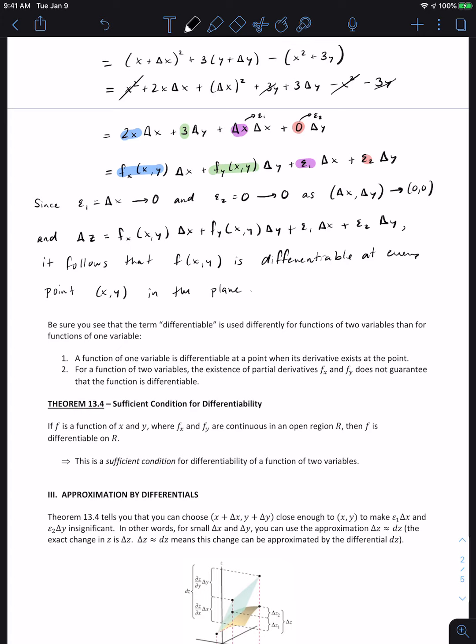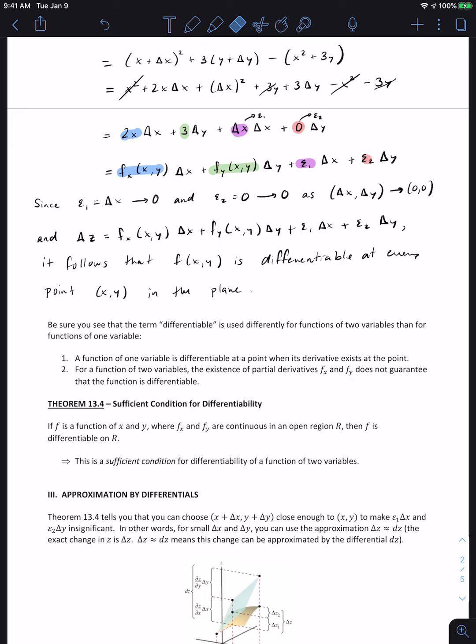But that's not how it works in the case of functions of more than 1 variable. For a function of 2 variables, the existence of a partial derivative f sub x or a partial derivative f sub y does not guarantee that the function is differentiable.